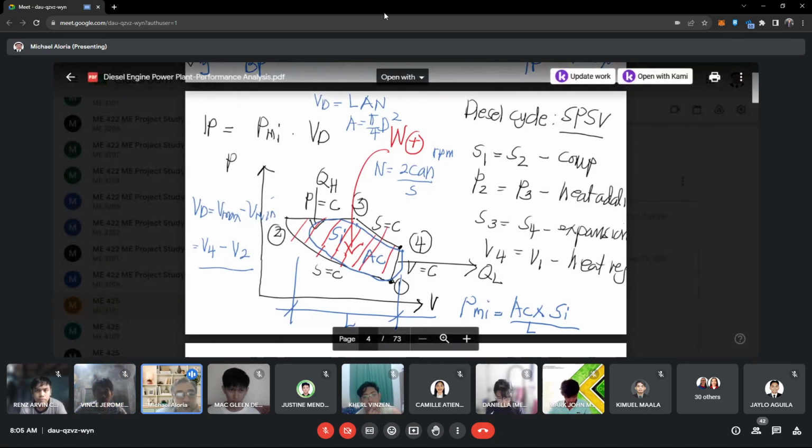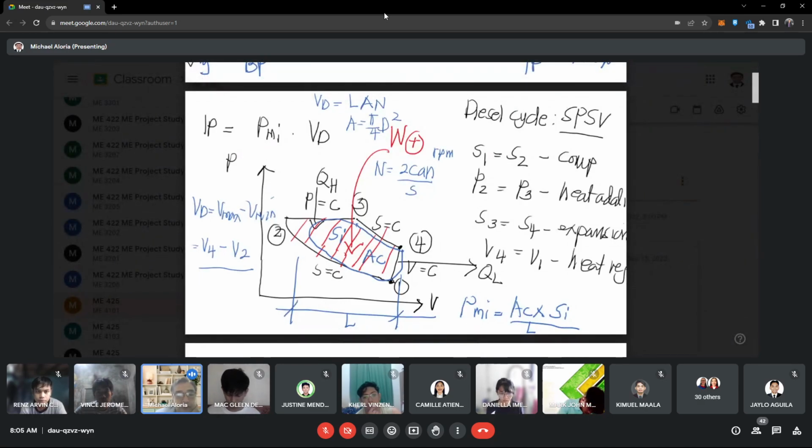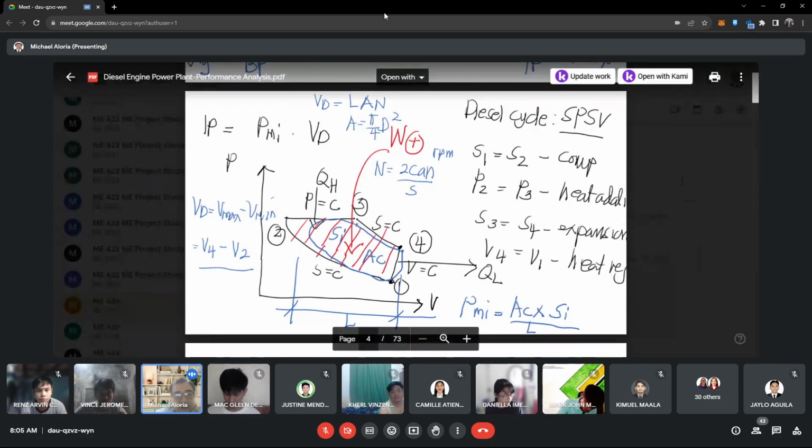Okay? So if we are going to trace the area covered by the PV diagram, this is basically your work. This is positive work done by the system.